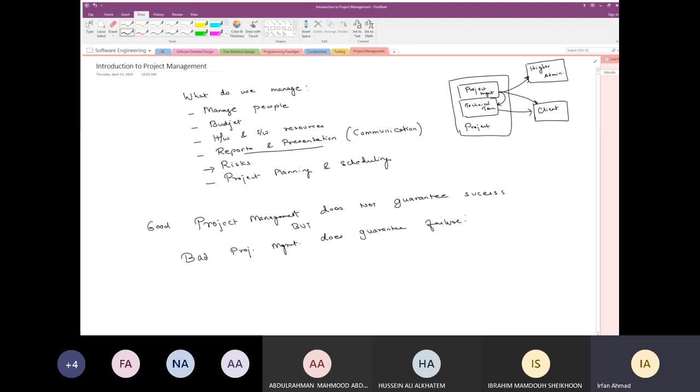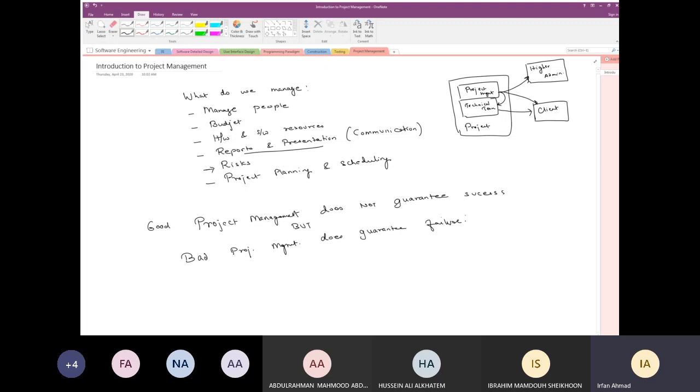So we are saying good project management does not guarantee success in the sense that if you are doing excellent project management, we still don't guarantee the success because success also depends on other things like, any idea?